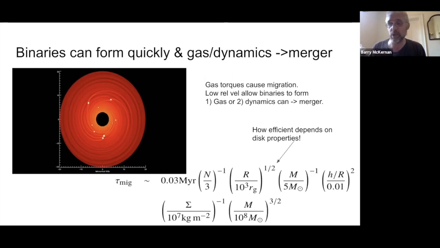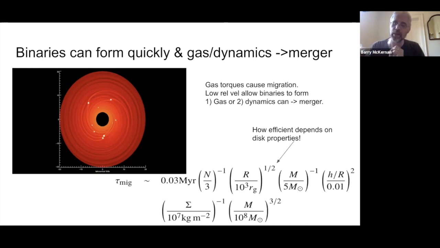And we call this migration. You can imagine that if you have a couple of objects that are migrating in the disk that get close to each other, their relative velocity at encounter can be small enough that you'll form a binary pretty efficiently. And a binary that would not otherwise form in the dynamically hot mess of a galactic nucleus. So this is a really efficient way of bringing things together that otherwise wouldn't live together and form binaries.